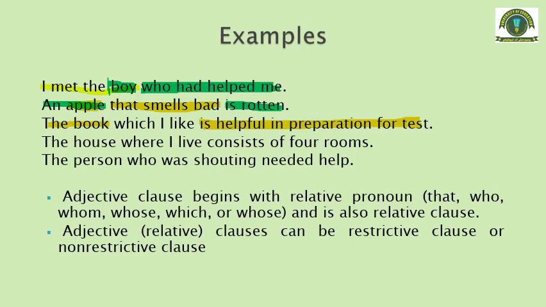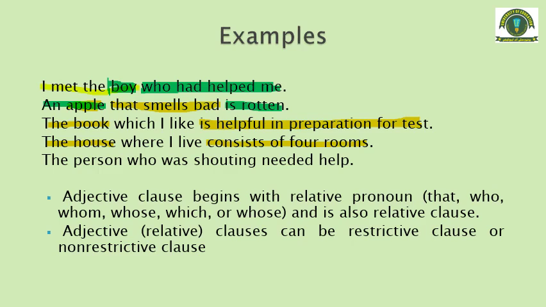Great. Another example. I'm just pointing out things for you to find the adjective clause. Uh-oh, I committed a mistake. Will you please apologize for me for that? I know you are so kind. Yes, thank you. The house consists of 4 rooms. This is a complete sentence. If I say the house consists of 4 rooms, you will know that I'm talking about a house and it consists of 4 rooms.